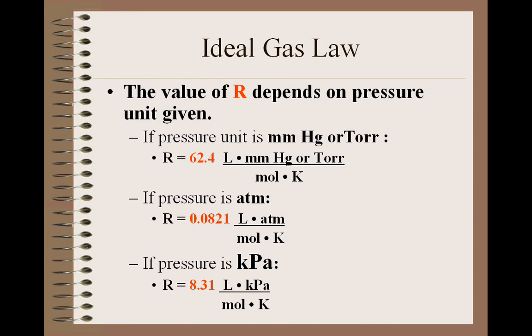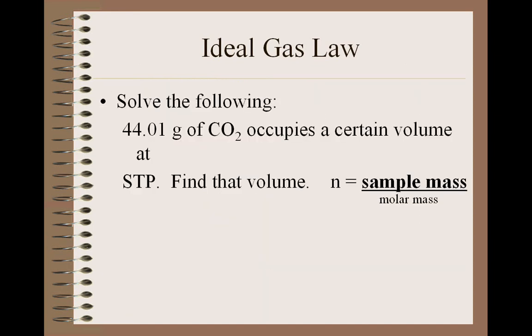If the pressure is in atm, R will equal 0.821 liters times atmospheres over moles times Kelvin. And if pressure is kilopascals, it will be 8.31. You will need to memorize these constants for R in order to use the ideal gas law.